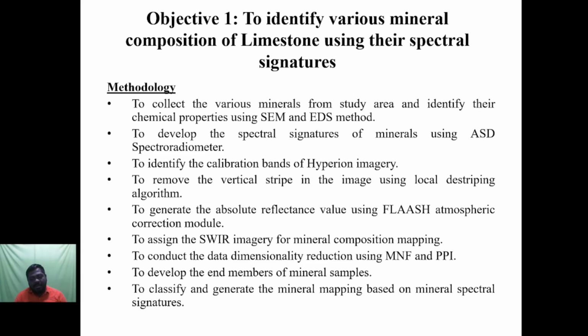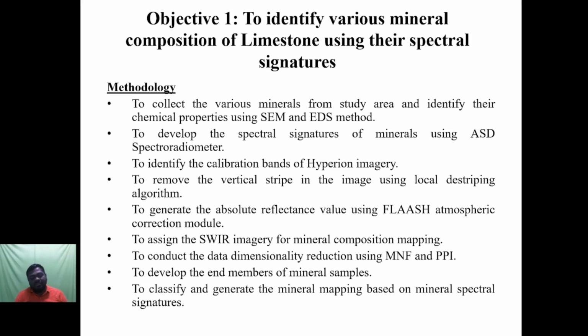the mineral composition mapping. So limestone is one part of the minerals. Normally in the world, 5,800 types of mineral exist, and 5,030 minerals are recognized by the International Mineralogical Association (IMA). So we are taking limestone as one part, and limestone mixed with various compositions we are also going to take.